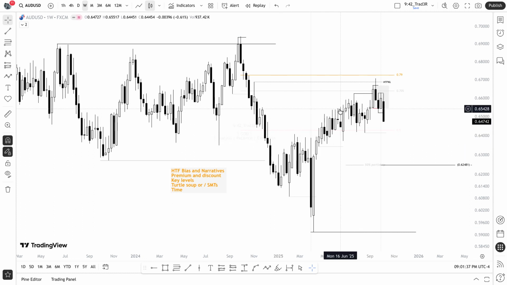You can see that price came above the 50% into the premium area and tapped into this key level here, which is this low that broke this high before price started declining. So this is the key level. This particular candle is the breaker.